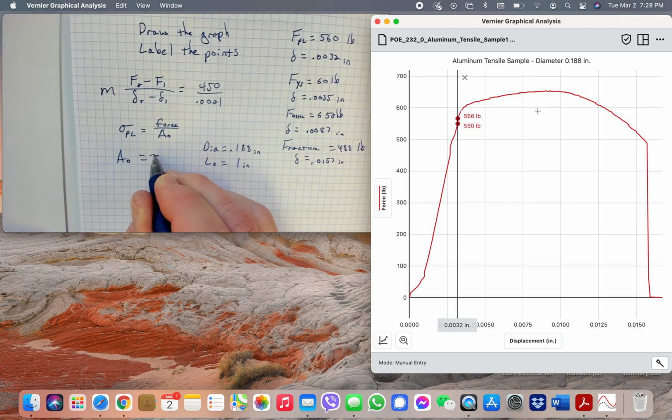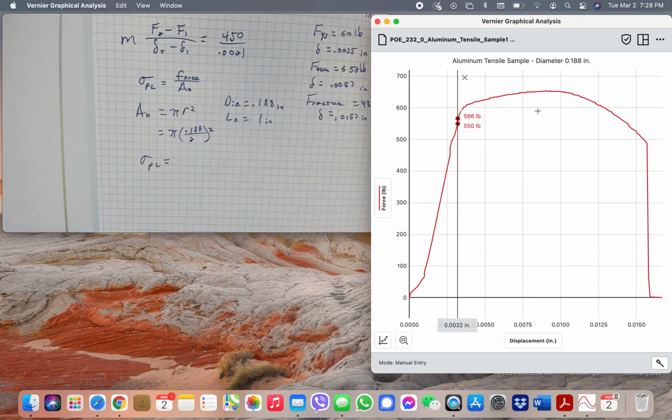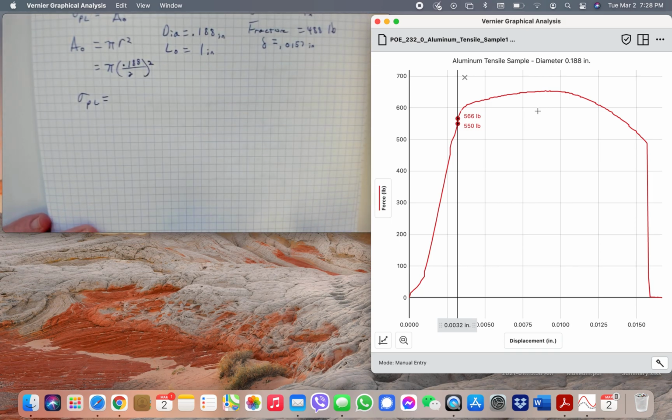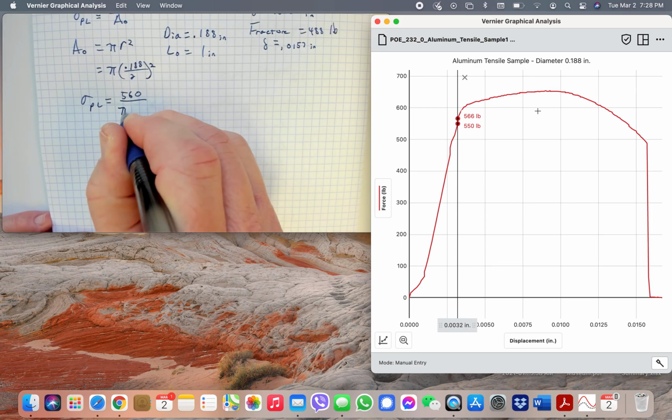So it's going to be pi r squared, or pi times 0.188 divided by 2 squared. Okay, I'm going to let you calculate that. All right, so now for our proportional limit, so what I'm writing here. Okay, so we want to get our force for that at about 560 over our area.